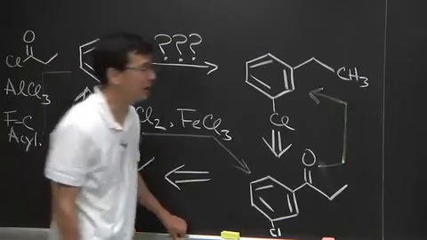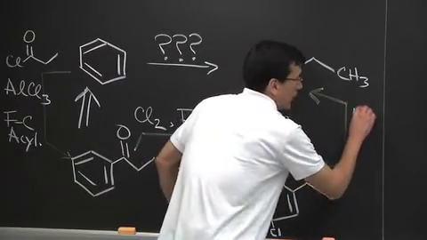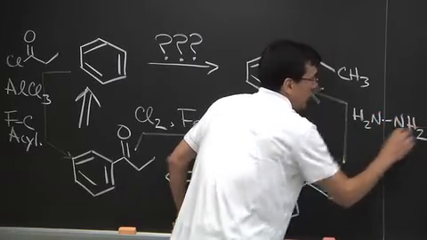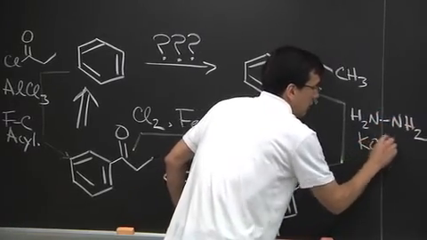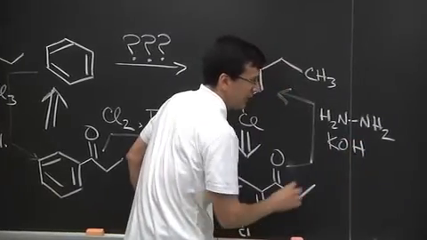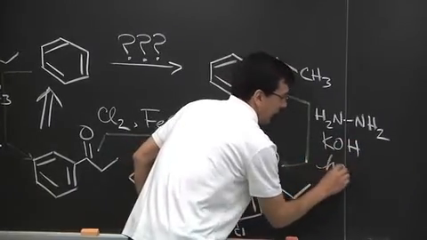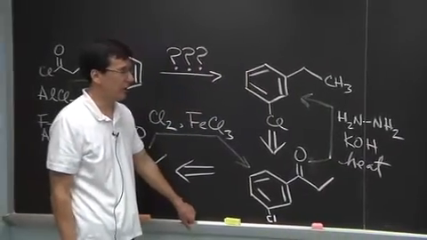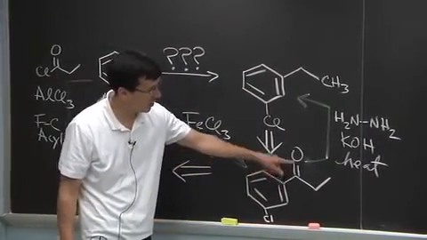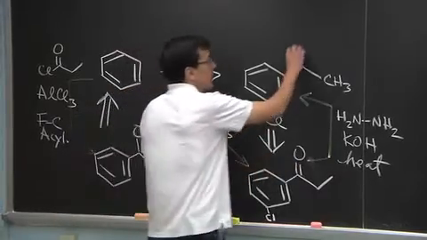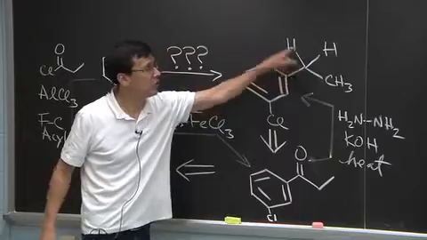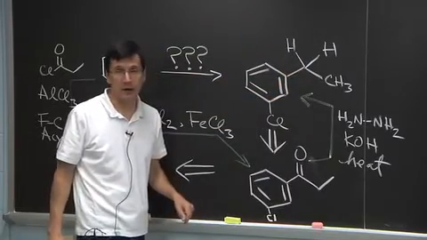It's the right idea. So remember, Wolff-Kishner is a complement to the Clemmensen reduction. It's done under basic conditions instead of acidic conditions. And so these are the reaction conditions and reagents for achieving reduction of the carbonyl group all the way to the CH2 group that's here in the product.